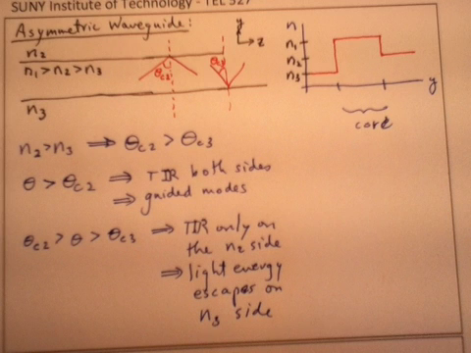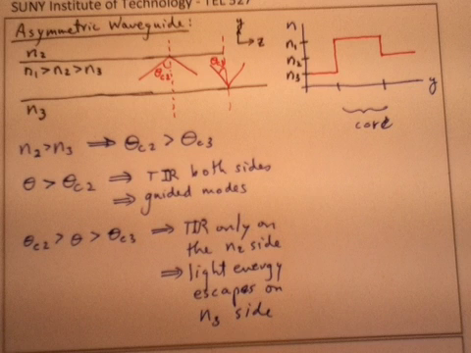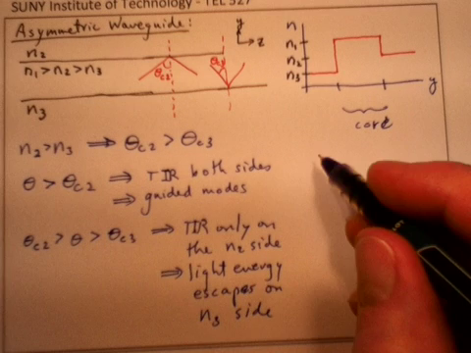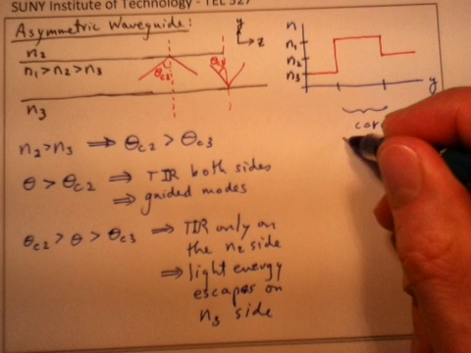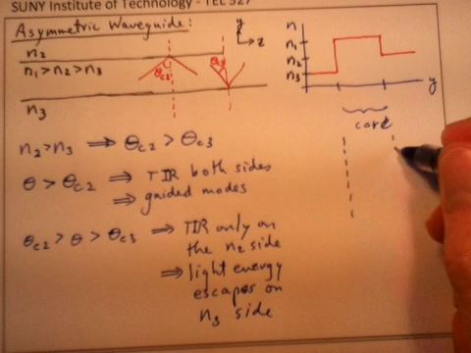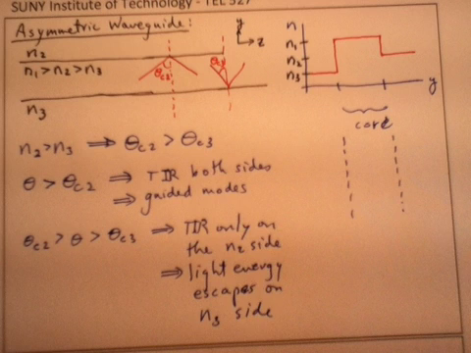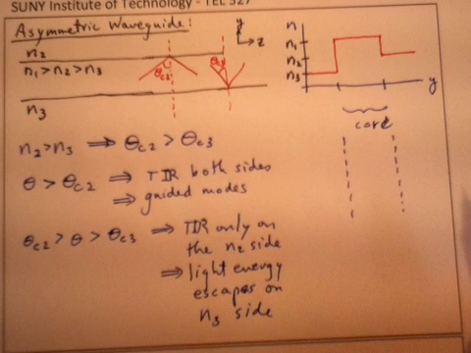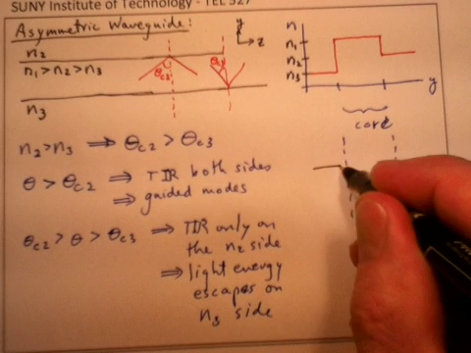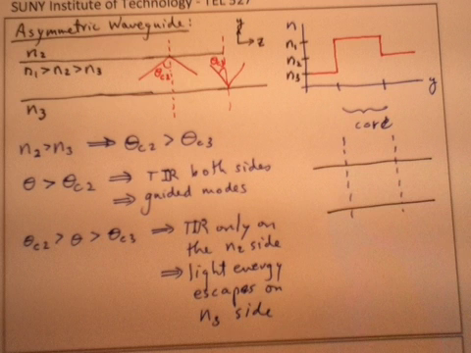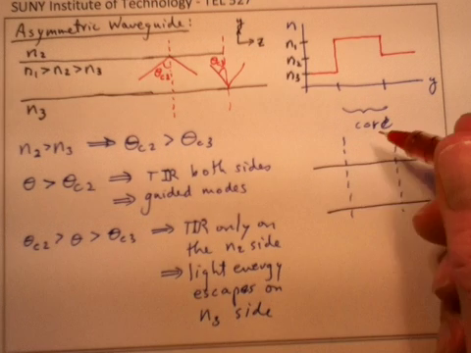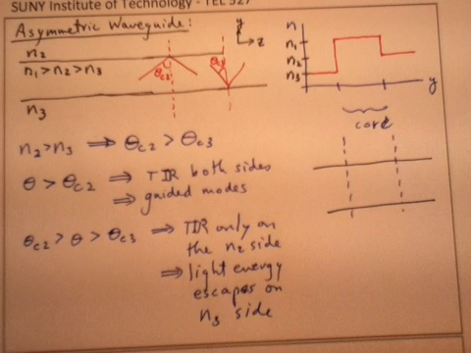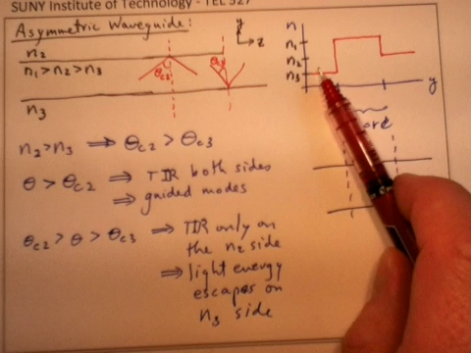It turns out then that the modes, and I'll try to draw them directly underneath here, the modes then look asymmetric. Whereas with the symmetric waveguide, the modes themselves were symmetrical. I'll just sketch out the first two modes here for this waveguide. And over here, let's see, I've got n3 on the left.